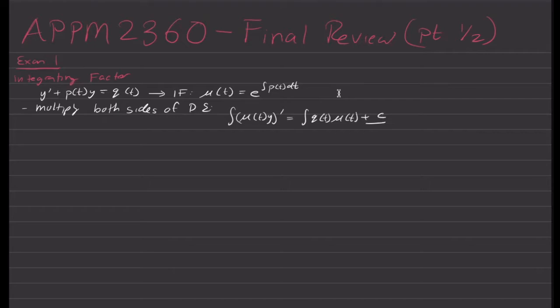Don't forget this plus c. And so you'll see that if you actually expand this out, you get the left-hand side of this equation. So after you go through with that, you can then isolate for y.